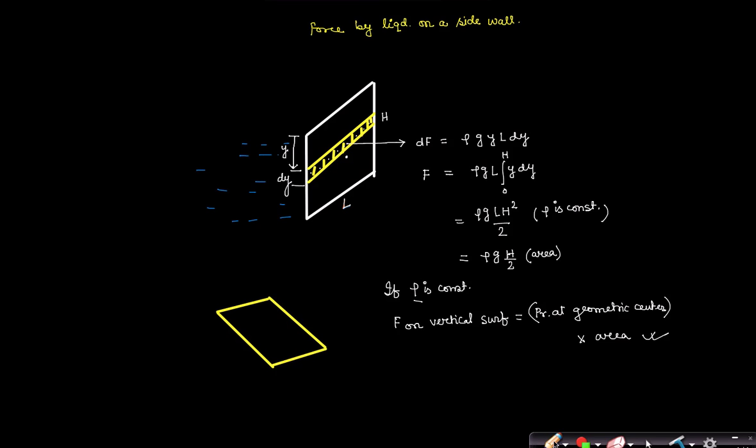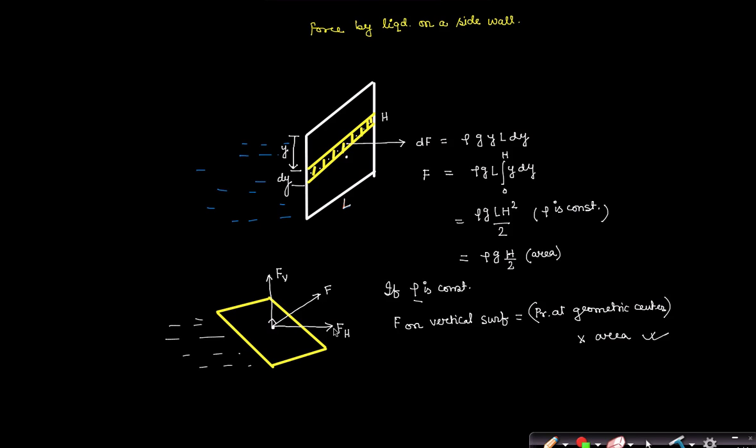Right? We have a surface like this. Fluid lies here. Now, if you want the horizontal component of the force, here how the liquid will exert a force on the surface? Perpendicular to it, yes or no? Yes, sir. But that force will have a horizontal component as well as a vertical component.